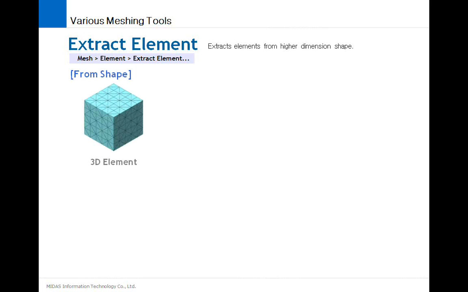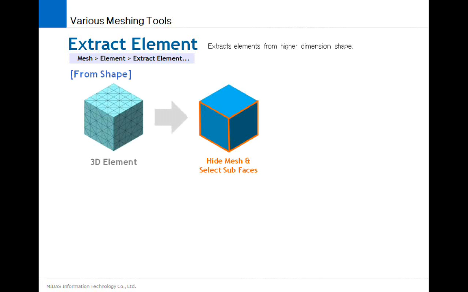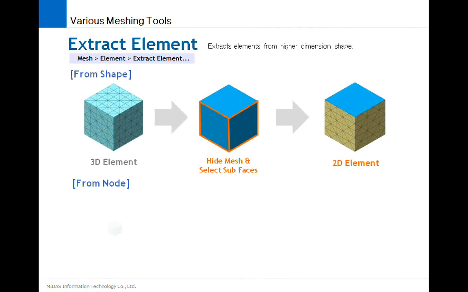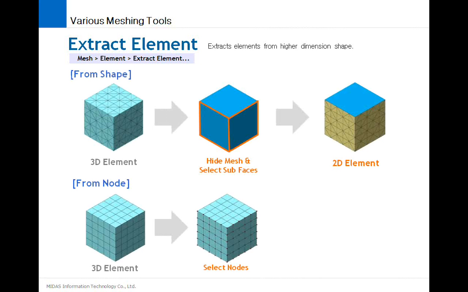Next on the list is extracting elements. Either you extract from a mesh or you extract the element from a 3D solid which has already been meshed. Then you select just the faces of that solid, and from that you extract a 2D element. This feature becomes very important because with this you are already taking care of the nodal connectivity.